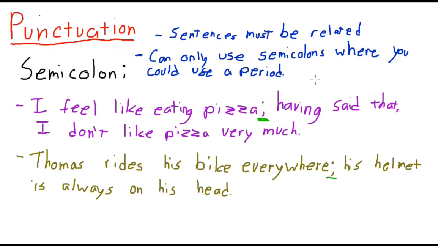For example, instead of saying Thomas rides his bike everywhere, I like to drive my car. Well, those sentences aren't related in any way. But if I did say Thomas rides his bike everywhere, his helmet is on his head, those two things are related, so we put a semicolon there. But like I said previously, you can just as well put a period, and it's exactly the same idea.